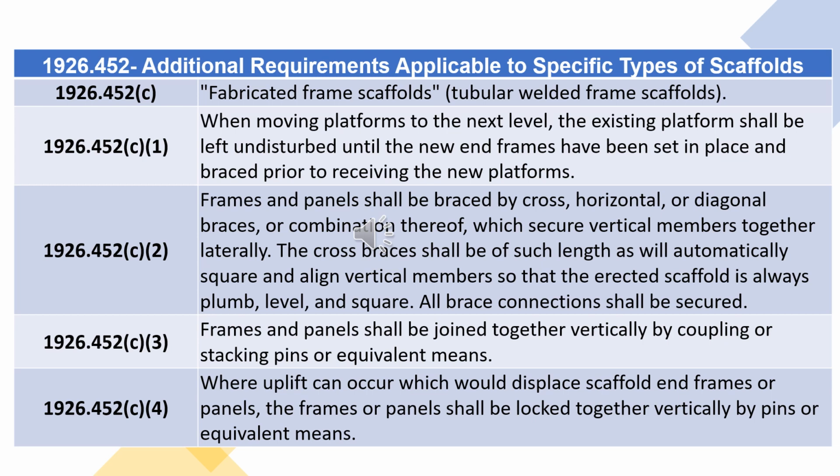All brace connections shall be secured. 1926.452 C3. Frames and panels shall be joined together vertically by coupling or stacking pins or equivalent means. 1926.452 C4. Where uplift can occur which would displace scaffold end frames or panels, the frames or panels shall be locked together vertically by pins or equivalent means.